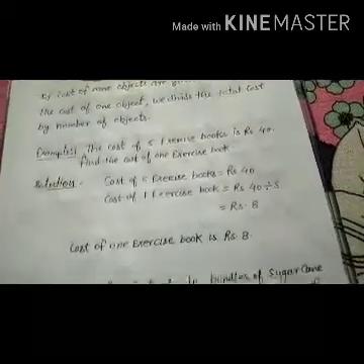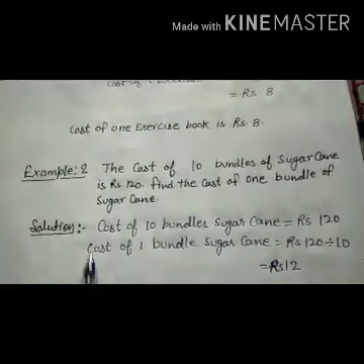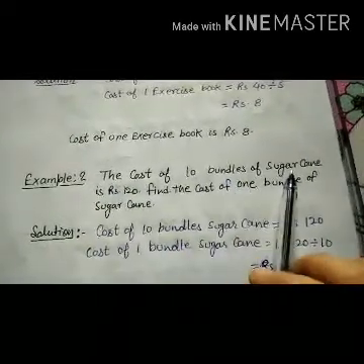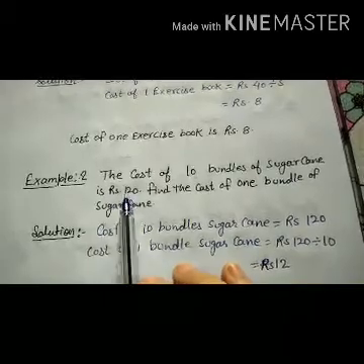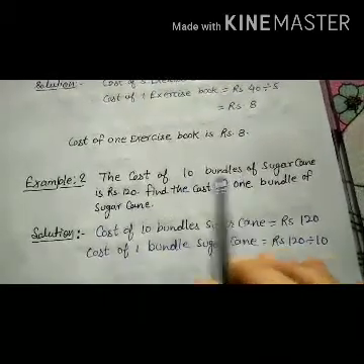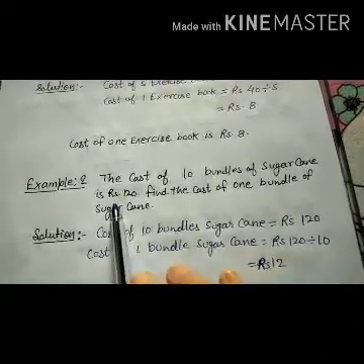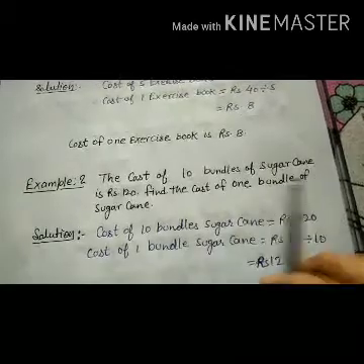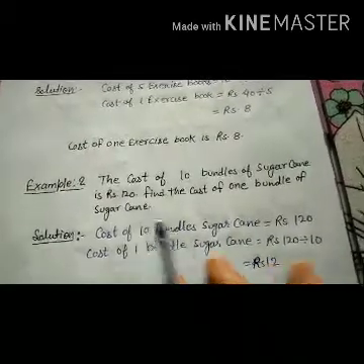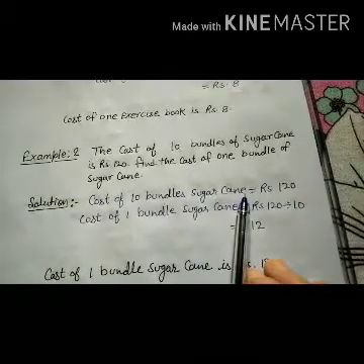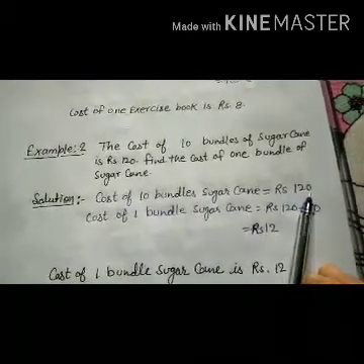Okay students. Now next example we have here. The cost of 10 bundles of sugar cane is rupees 120. How many bundles? 10 bundles. 10 bundles of sugar cane cost rupees 120. To find the cost of one bundle of sugar cane. Similarly, the cost of 10 bundles of sugar cane is equal to rupees 120.